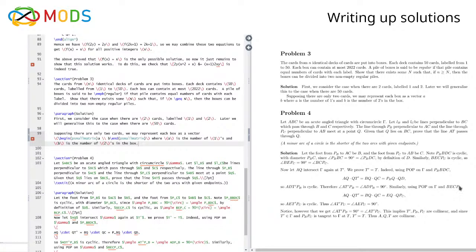Let's put this up. These diagrams are Geo. Solve Geo.